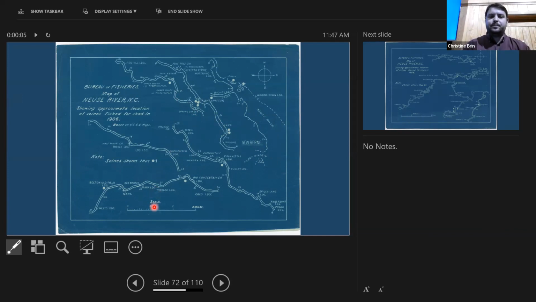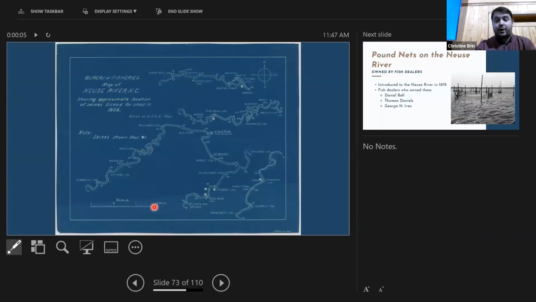And then it's carried over onto another page where these go all the way up, I think the Goldsboro area, or close to Goldsboro. So not a ton of these seines by that time, but just a map to give you an idea.